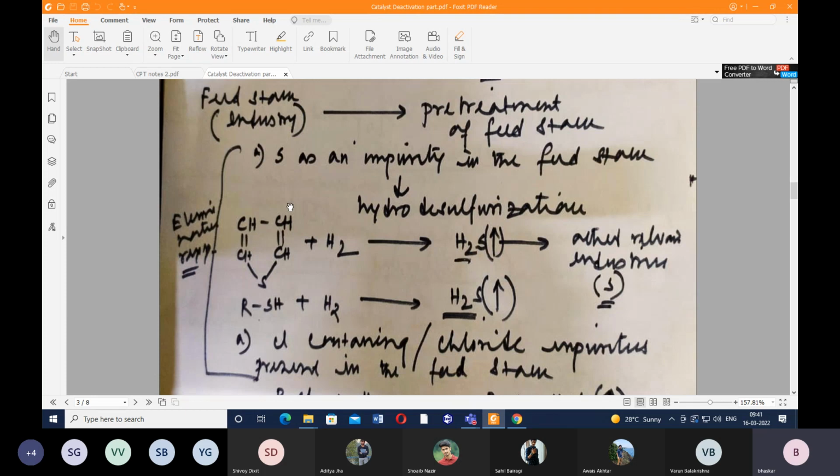Benzene is the simplest aromatic compound one can think of. These are all naphthenic compounds, cyclic compounds like cyclopentane, cyclobutane. This has got naphthenic characteristics, but it doesn't have any aromatic characteristics.